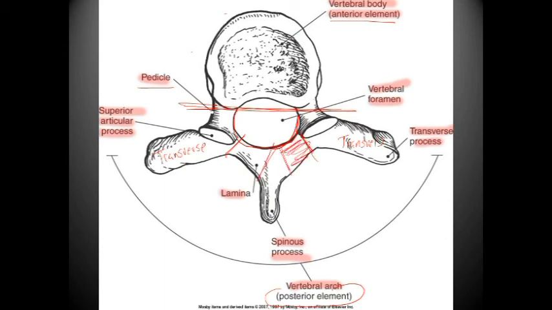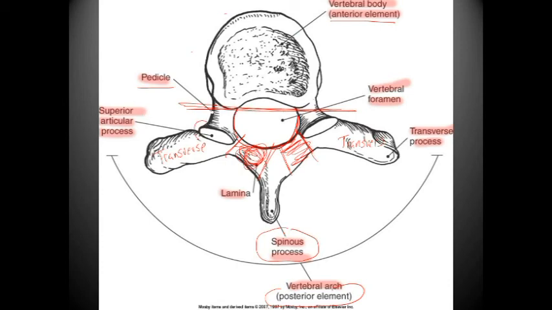So this area and this area are the lamina, and they merge together to form the spinous process, which is the most posterior portion of the vertebrae in general.